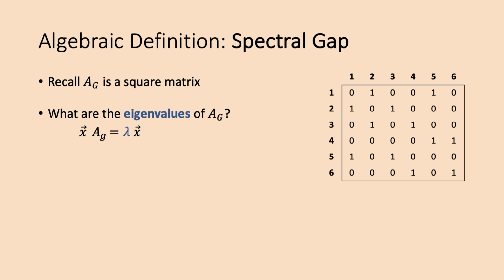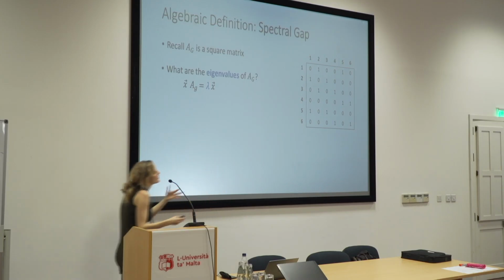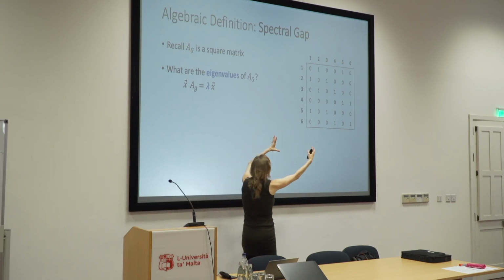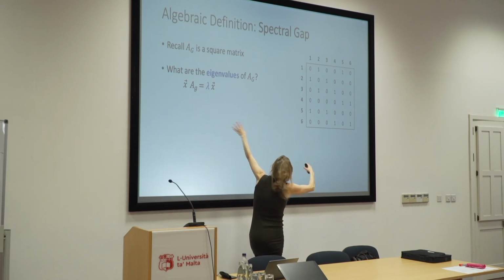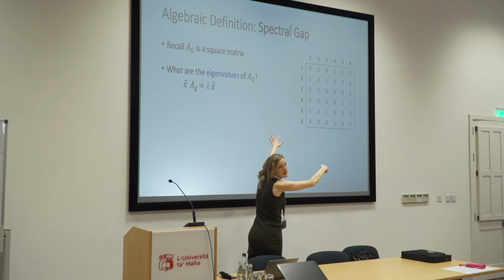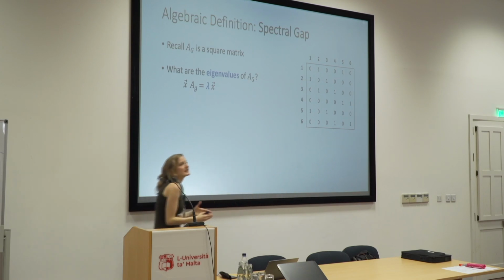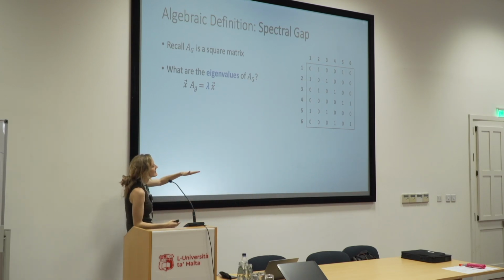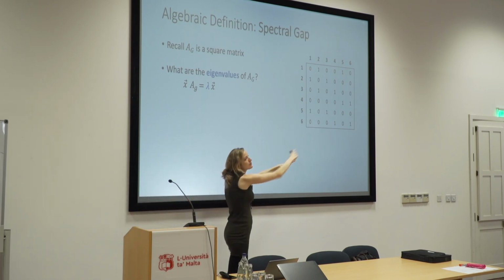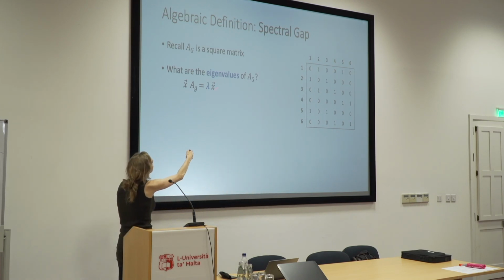They are values lambda such that, for some vector x, I multiply x by this matrix, and for certain directions x, I get another vector in the same direction, but potentially longer or shorter. This longer or shorter factor is the eigenvalue, and x is the corresponding eigenvector.